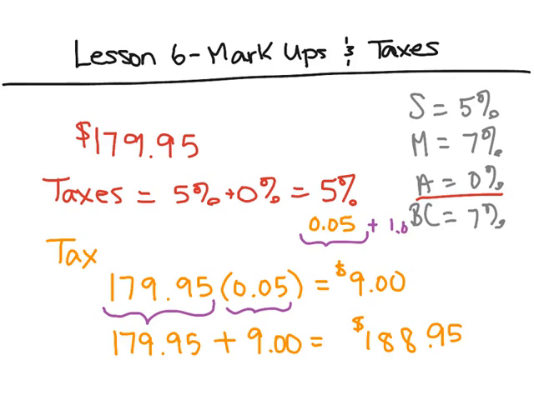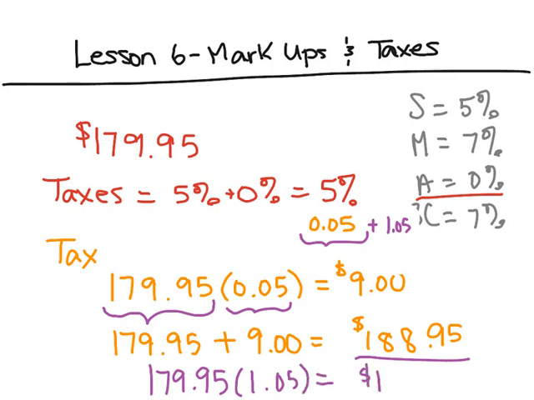So if we were to multiply by 1.05, we should get the same number here. So we're going to take 179.95 and multiply by 1.05. And when you do that, you get 188.95. So this is a fast way to calculate your taxes without having to add and do this step. But you're welcome to do it whatever way you want.